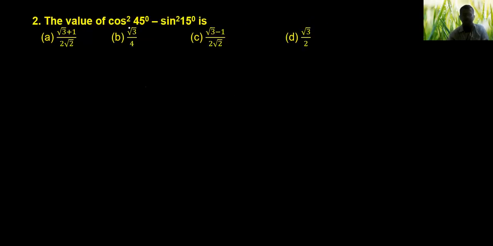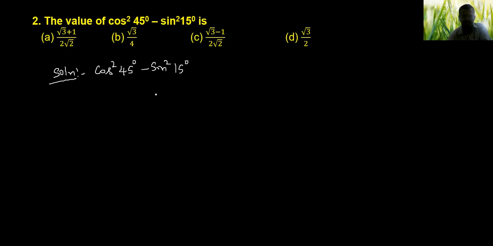Next, question number 2. The value of cos square 45 degree minus sin square 15 degree is. See here, there are two types of solving. Cos 45 is 1 by root 2 whole square minus sin 15 is root 3 minus 1 by 2 root 2 whole square.